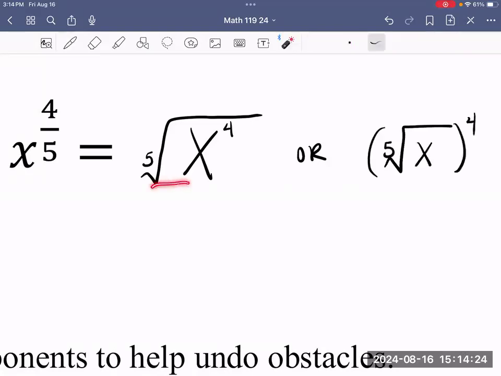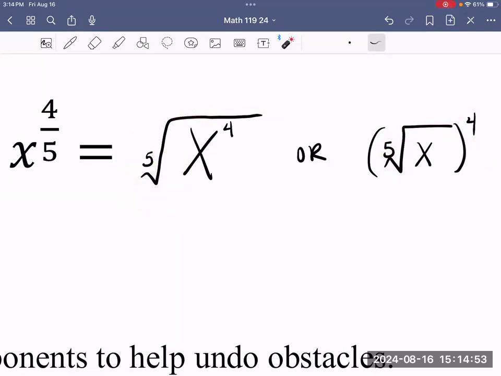Now these two are interchangeable because sometimes it's going to be a little bit easier to do it to the 4th power and then radicalize it to the 5th, or perhaps you want to take the 5th root of your variable and then do it to the 4th power.